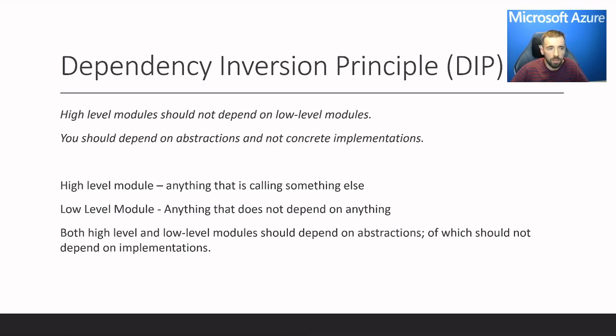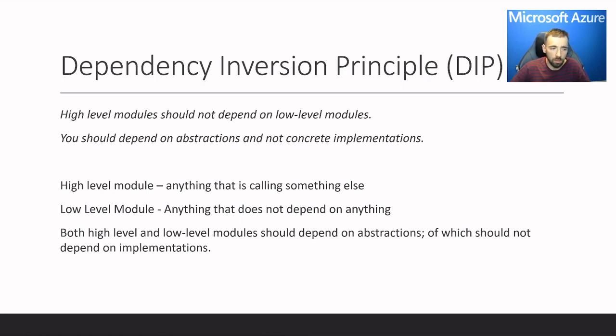So first we've got dependency inversion principle, and this is one of the 5 SOLID principles, and it says that high-level modules should not depend on low-level modules. And it says you should depend on abstractions and not concrete implementations. So in this context, a high-level module is any class or component that is calling something else.